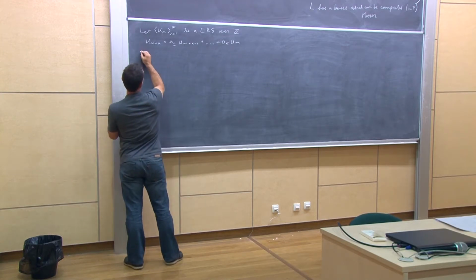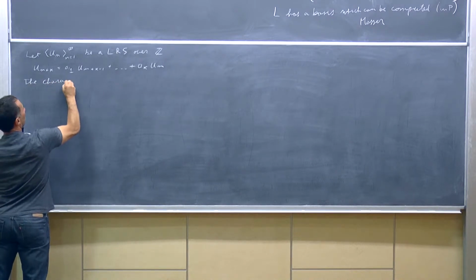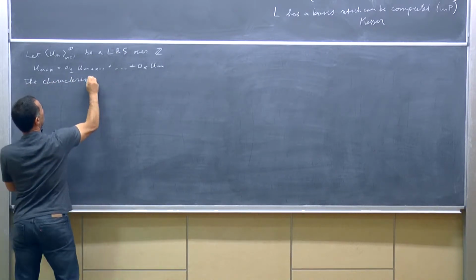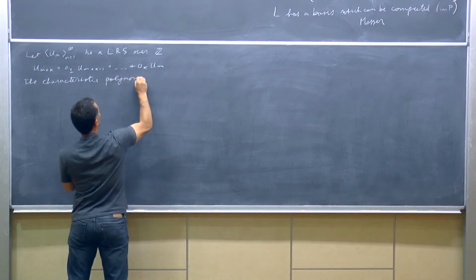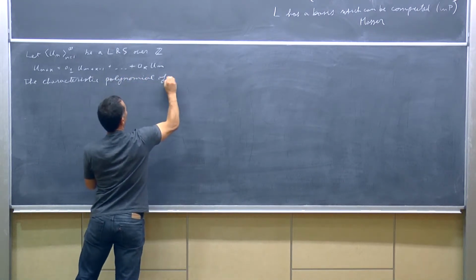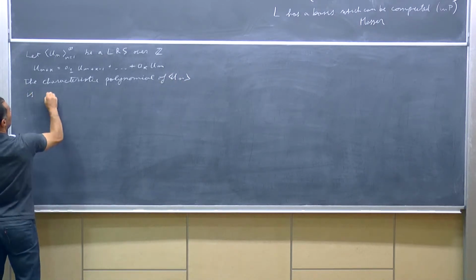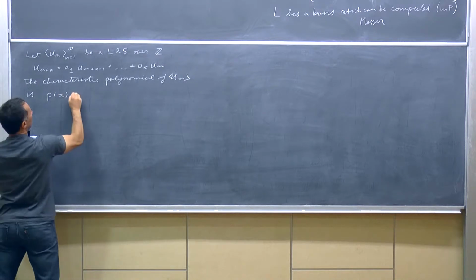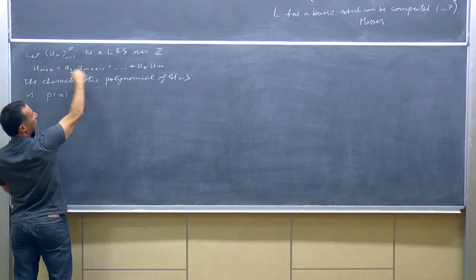So now I want to define the characteristic polynomial of u_n. It is p of x, and I read it from the recurrence relation.